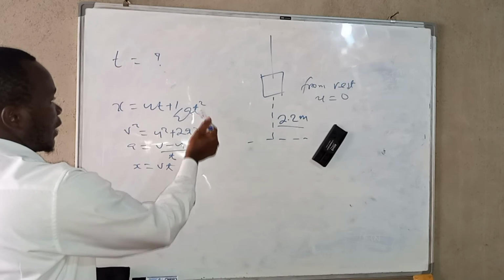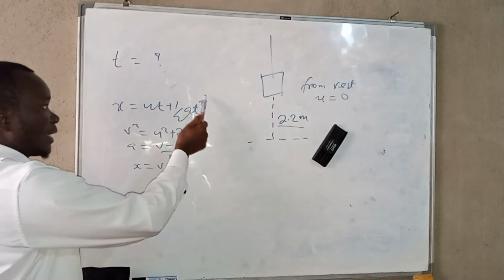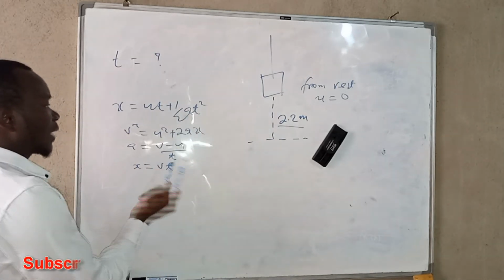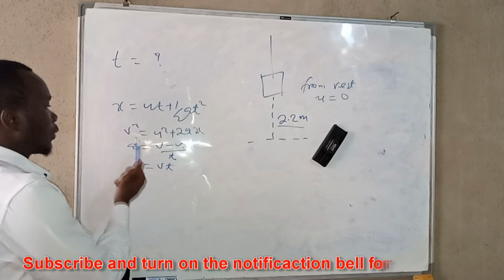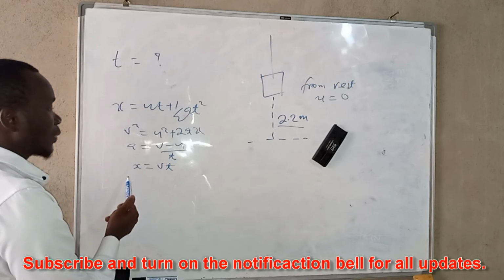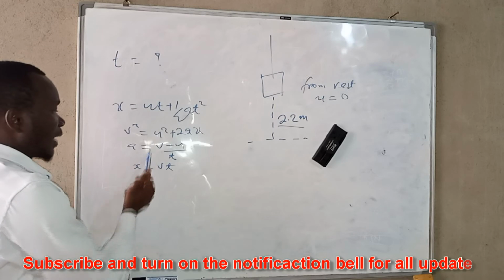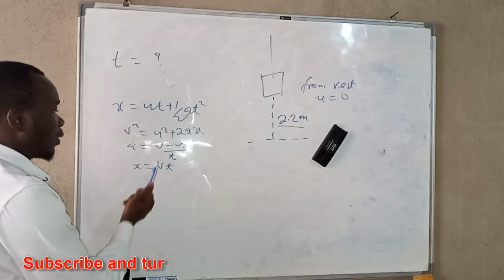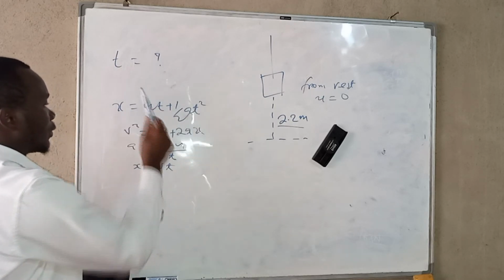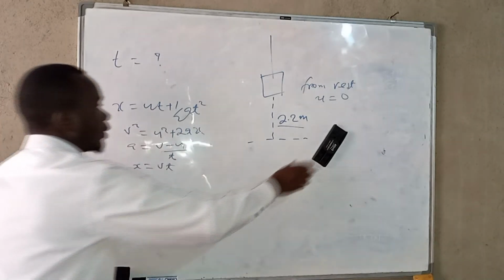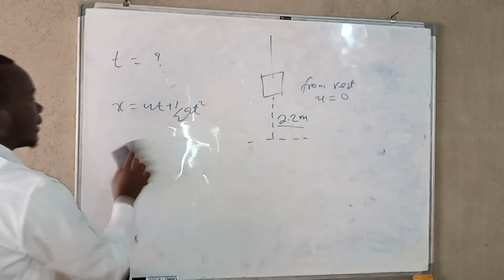Then we want to find t, so we can use this one. What about this one? We do not have this, so we can't use it. We can't use this one either, but we can use this one. So we're going to work with the first equation I've indicated here.